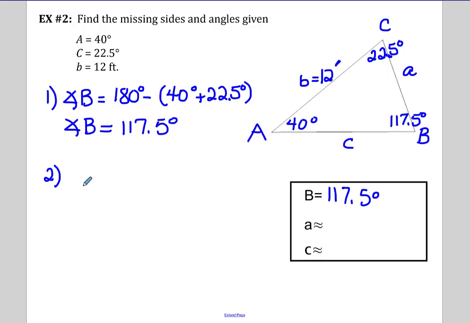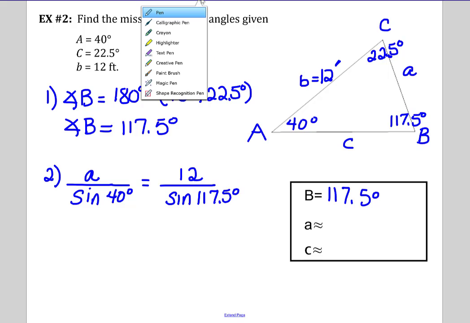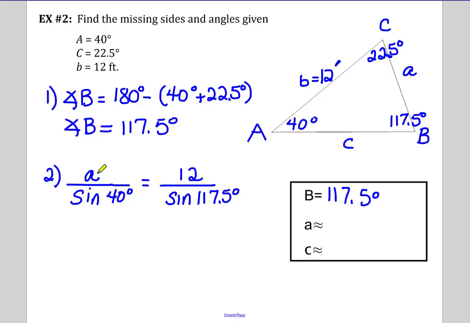So angle B and side B are proportional to side A and the sine of angle A. So little side A over sine of 40 degrees is proportional to little side B over the sine of angle B. And again, get my highlighter out here. If I need side A, I'm going to multiply sine of 40 times 12 divided by sine 117.5. That'll give me the length of side A.